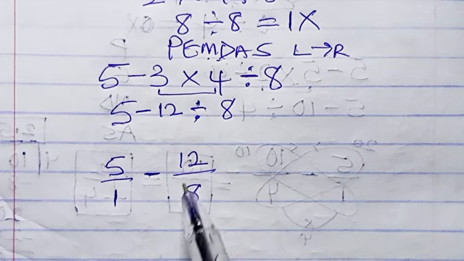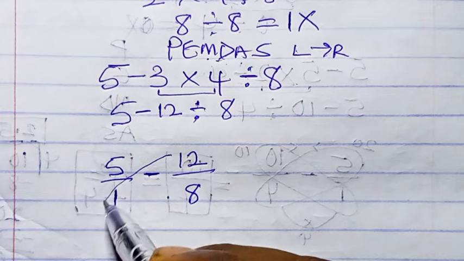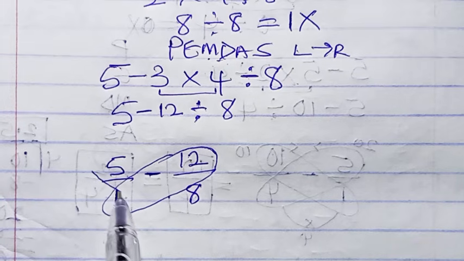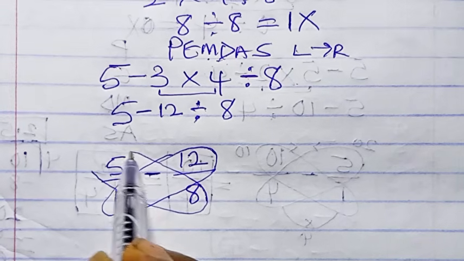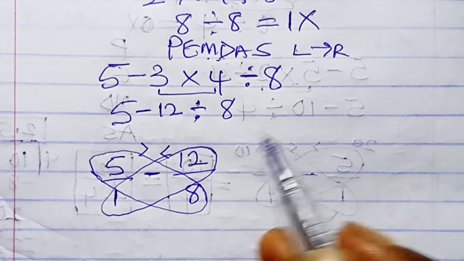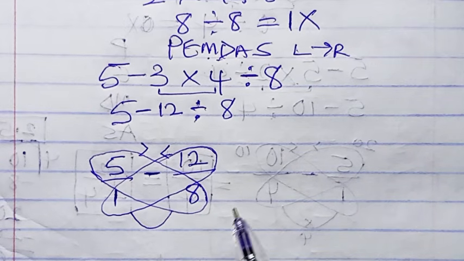Alright? Now, let's use our butterfly method to solve this, which is 12. Then we'll draw this other butterfly wing. Yes. So let's draw the antenna, the eyes. Let's draw the body. This one is beautiful, right?